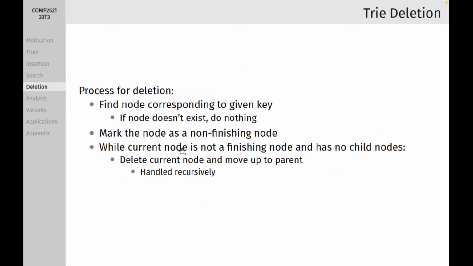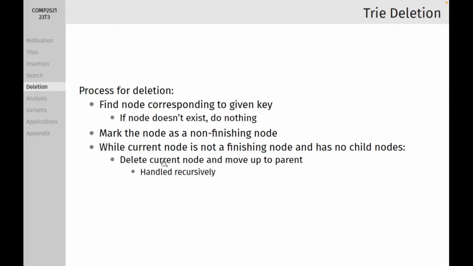And now, in order to clean up the trie and make sure that we don't have any dead branches, while the current node is not a finishing node and it doesn't have any child nodes, then we delete the current node, or we free the current node, and we move up to the parent, right? And we just repeat that until either we reach a finishing node or we reach a node that has another child node.